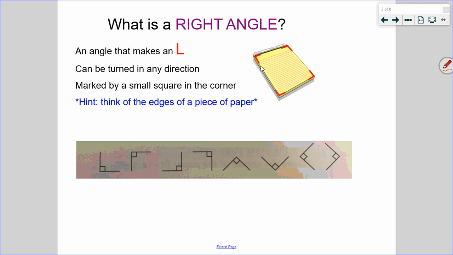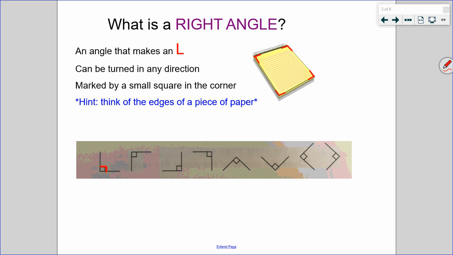So I have marked on this sheet of paper the corners for you to see. Each of these corners is a right angle. I have also put a picture here at the bottom, and they are marked. All of these right angles are marked by the square. So this square is how we mark a right angle. How do I know this is a right angle?